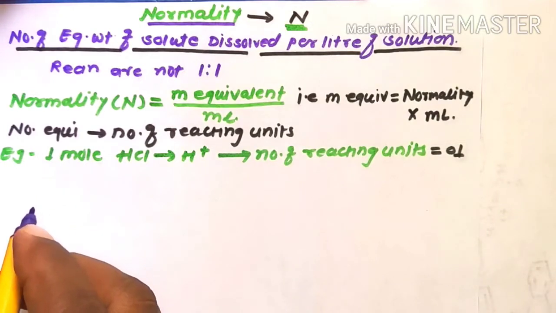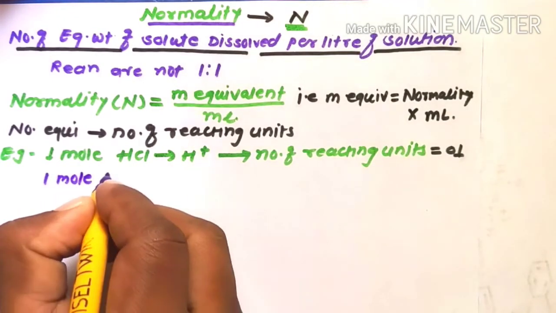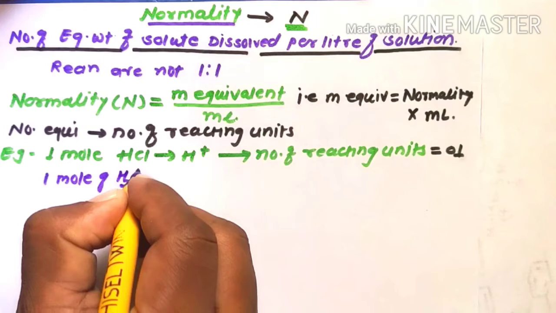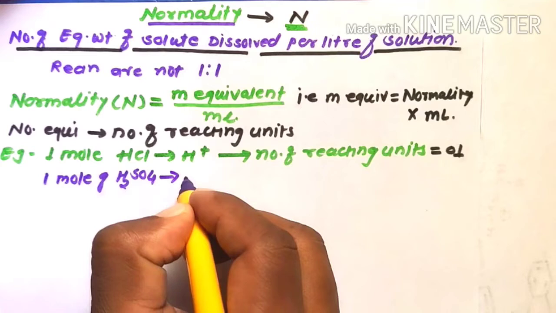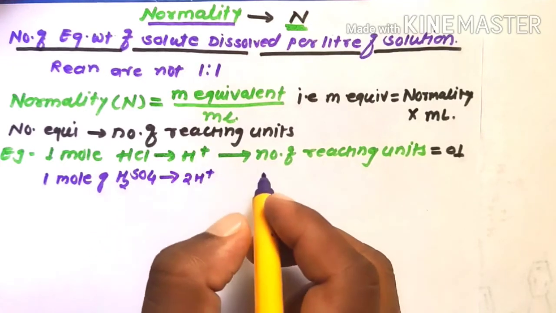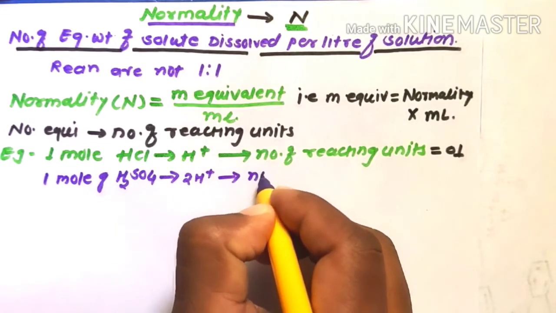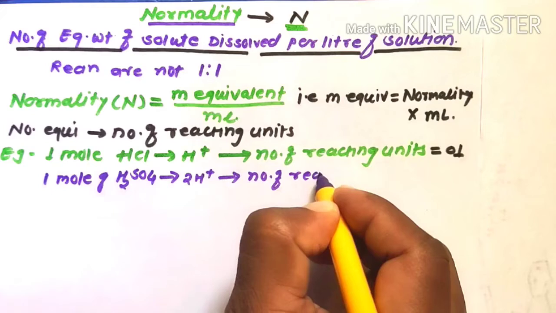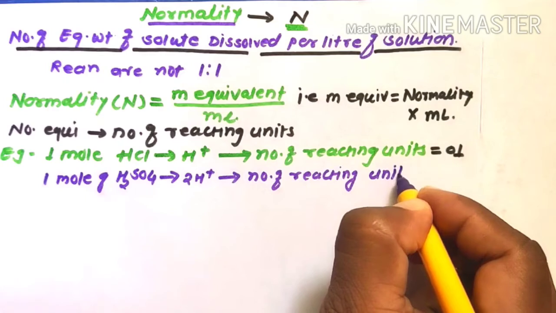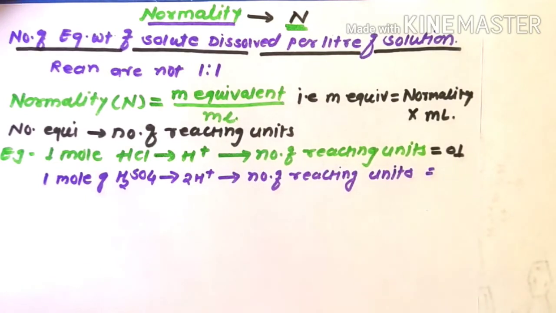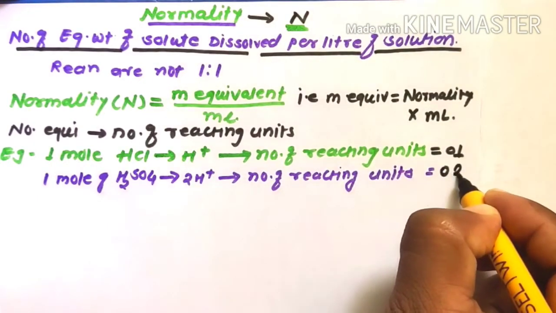And another example, 1 mole of H2SO4 contains 2 H plus ions, therefore the number of reacting molecules or units will be 2.